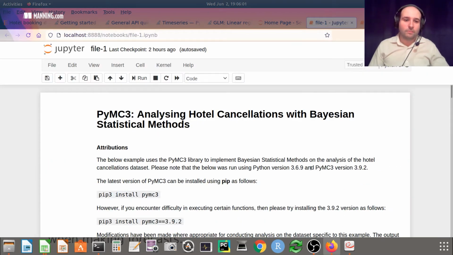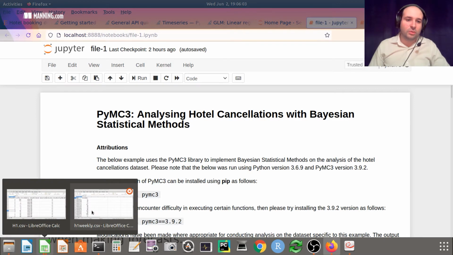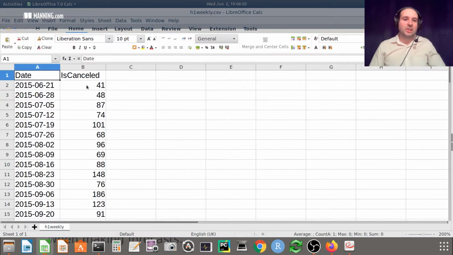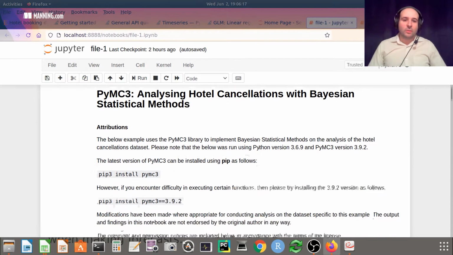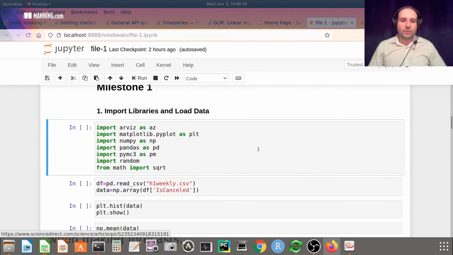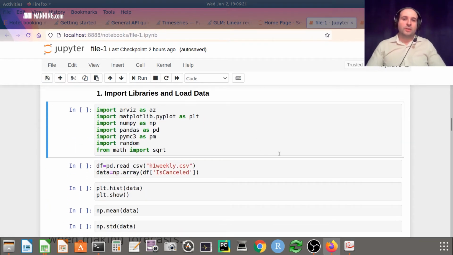Now, what we want to do is take a time series of cancellations. Let's suppose that we have aggregated the hotel cancellations from the previous data set, and we have the number of cancellations per week. From a Bayesian standpoint, we might have prior beliefs about what the hotel cancellations are going to look like, whether it might be a normal distribution or not, for example.